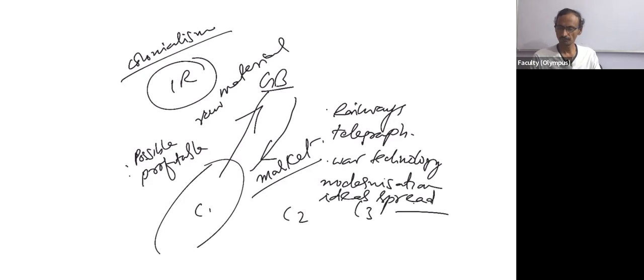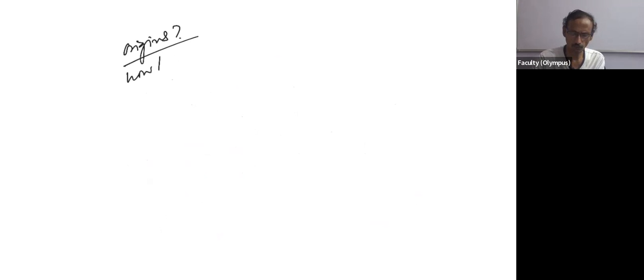So the Industrial Revolution, in that sense, played an extremely important role in shaping what we call the modern world. So let us look into what the origins of this are and how this came to be possible.